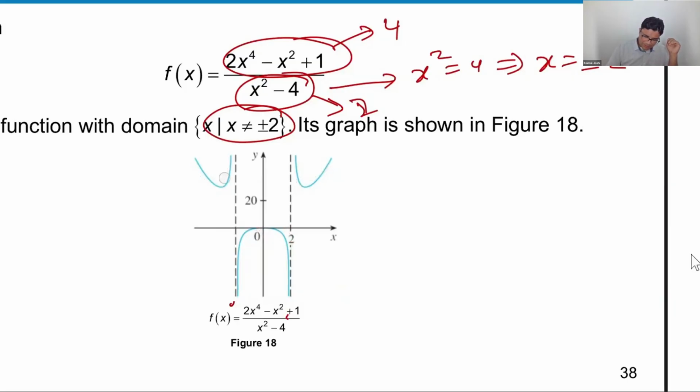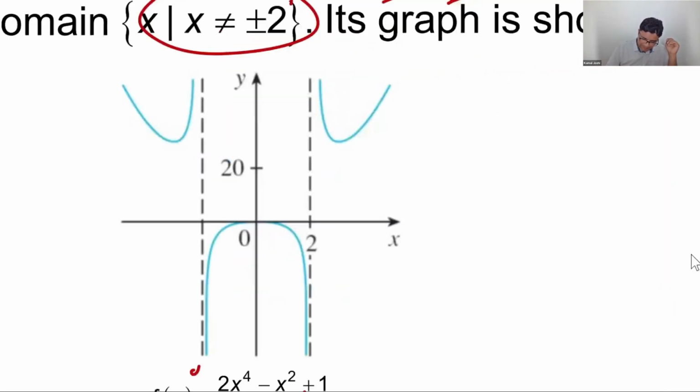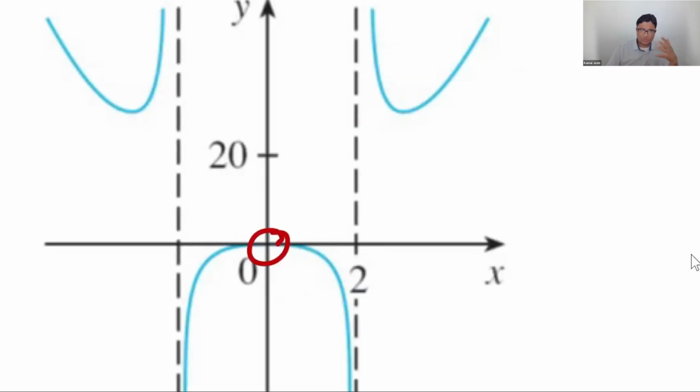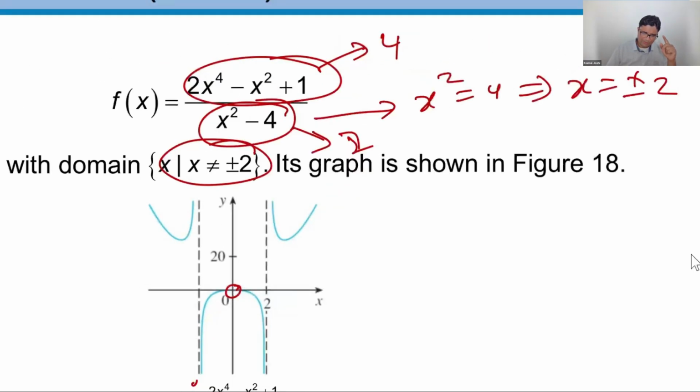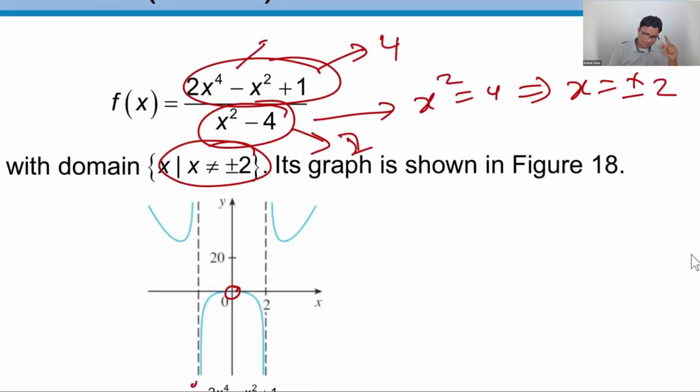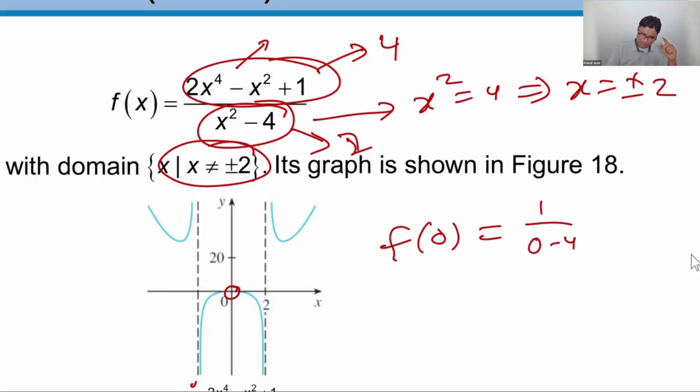What is not obvious here in the graph is if there is a 0 here. This is too close to take a call. Does it touch there? To me, it looks like it does not, and I'll tell you how. When you plug in x equal to 0 here, evaluate f of 0, you'll get 1 over 0 minus 4, which is minus 1 over 4.